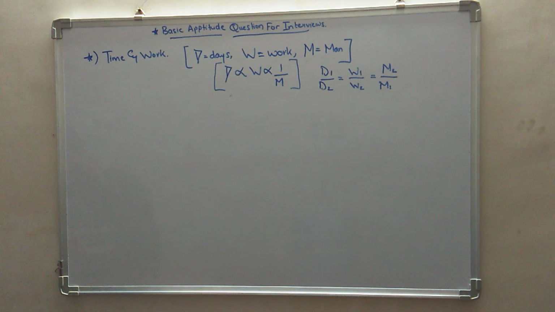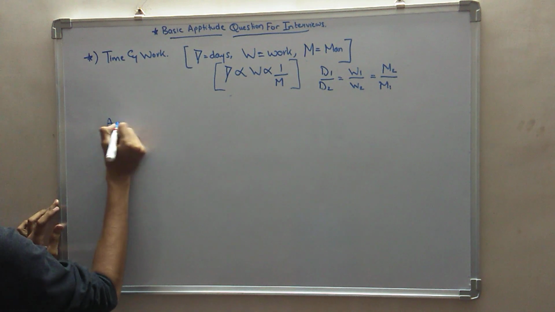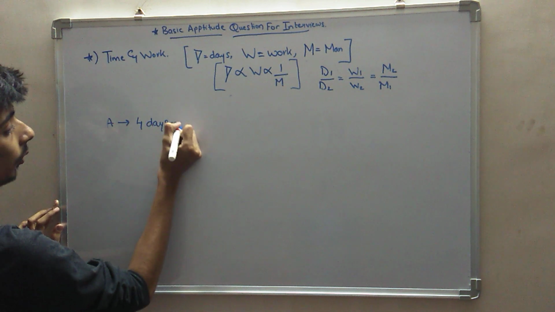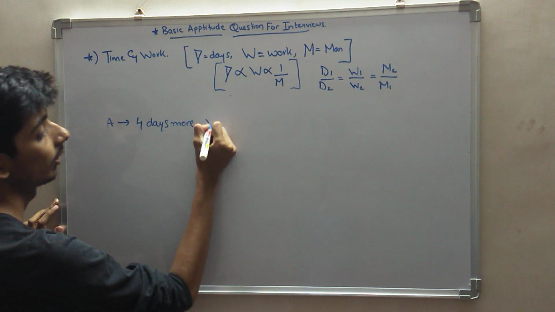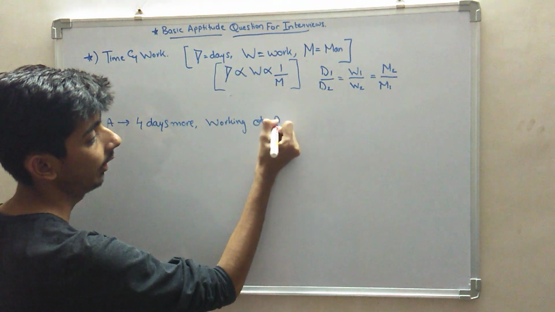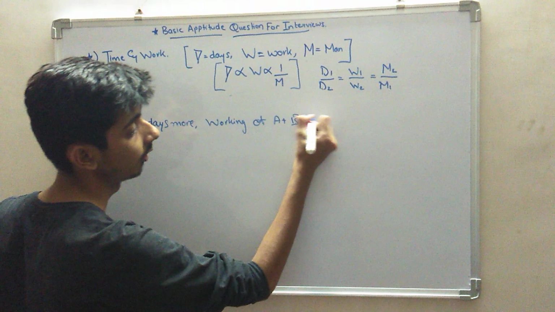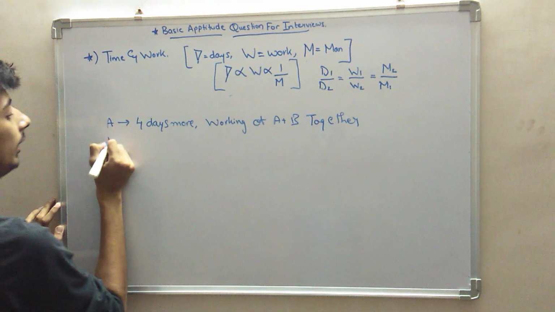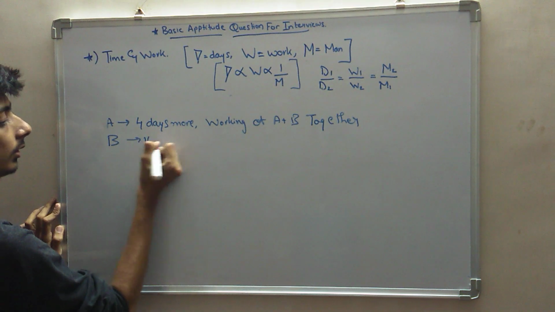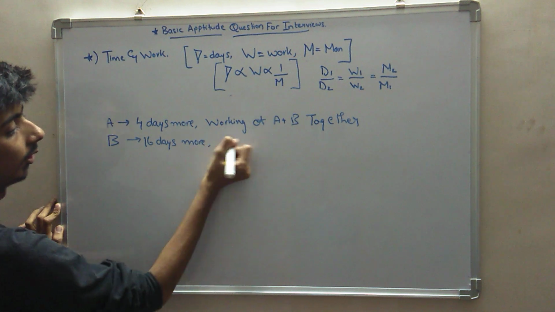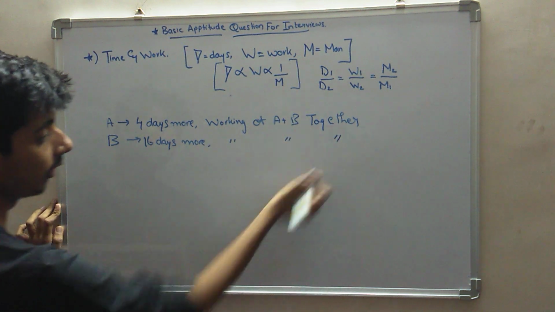Now it is given that if A takes 4 days more than working of A and B together, while B takes 16 days more than working of A and B together.